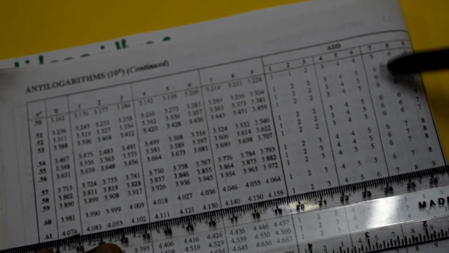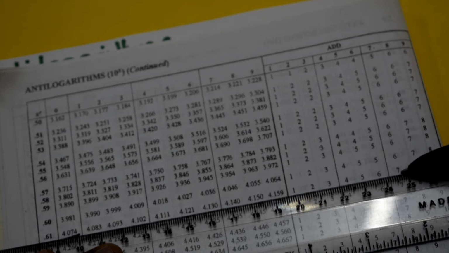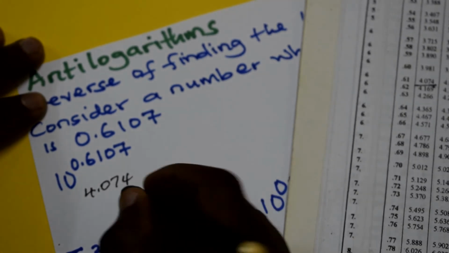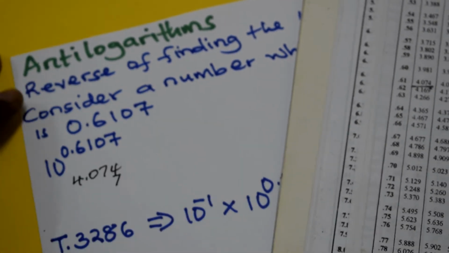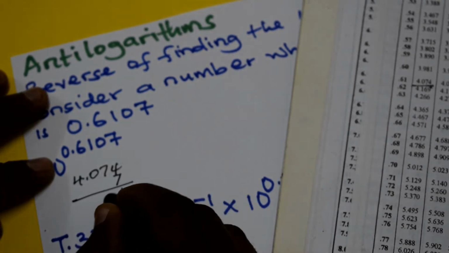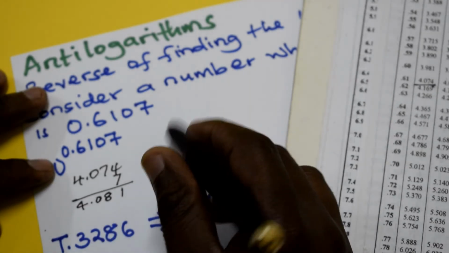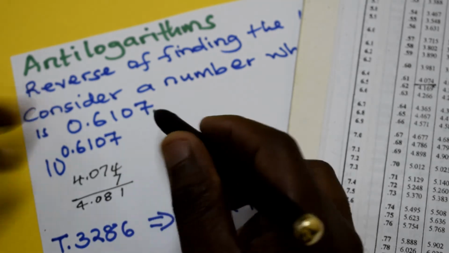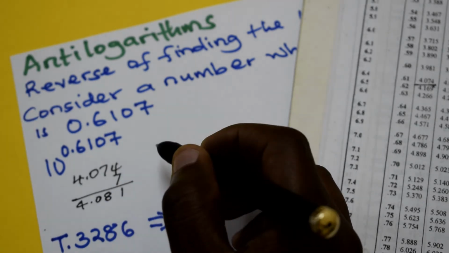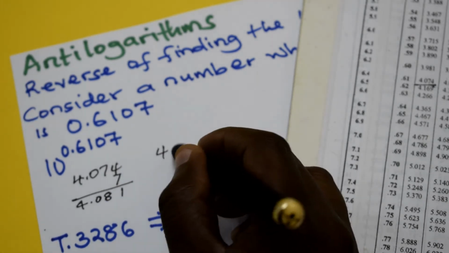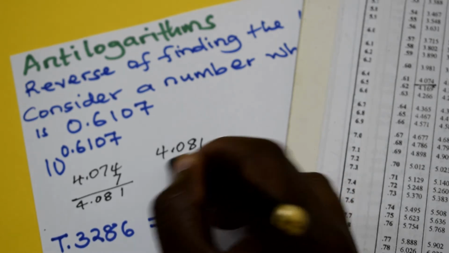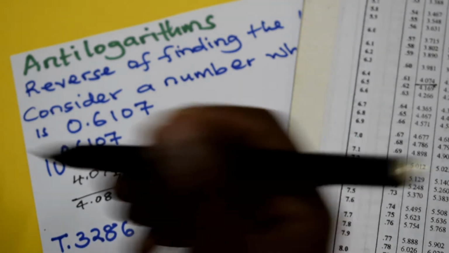If you move down this way, you will get 7. So we add this 7. After adding the 7, we get the number whose logarithm is 0.6107, which is 4.081. So this one takes us back to the number.